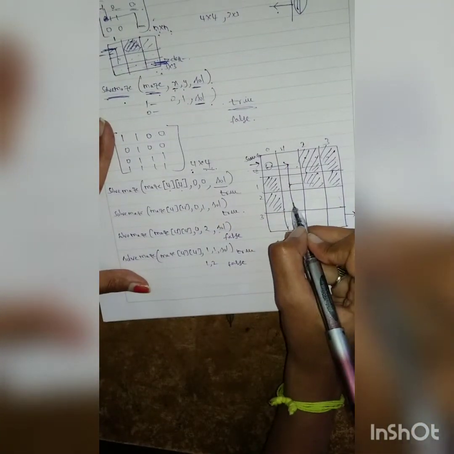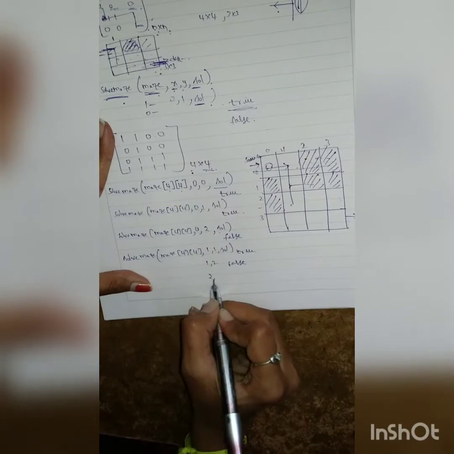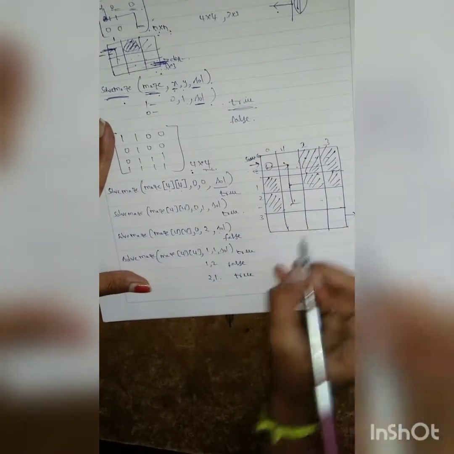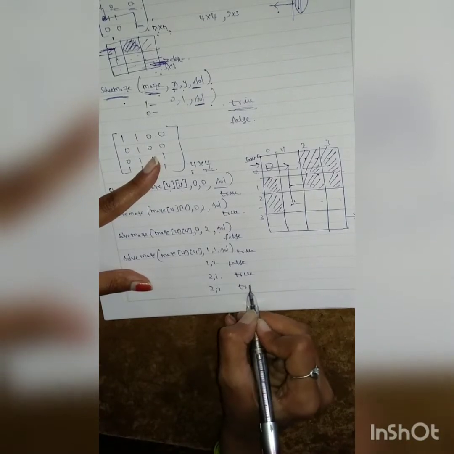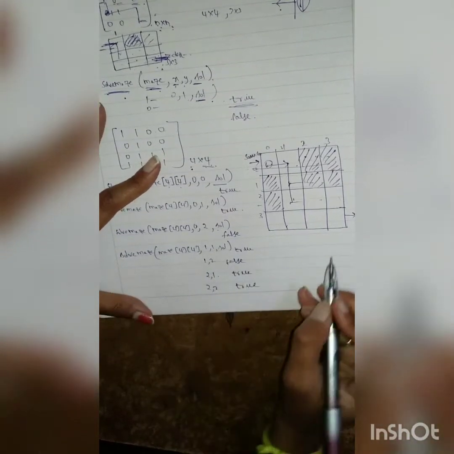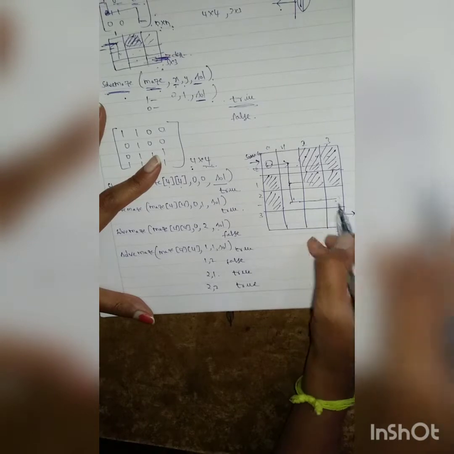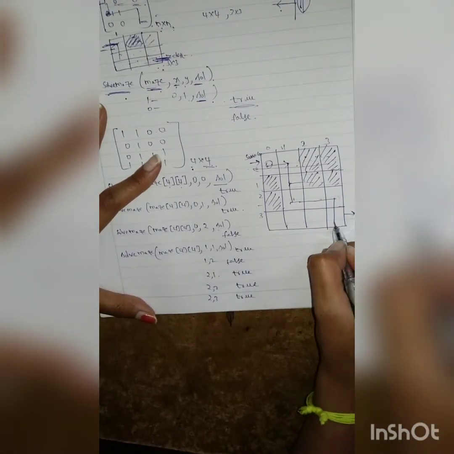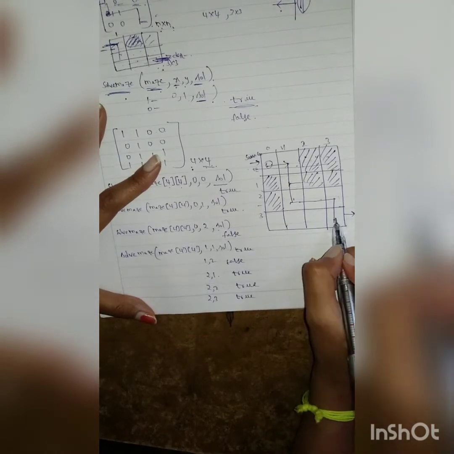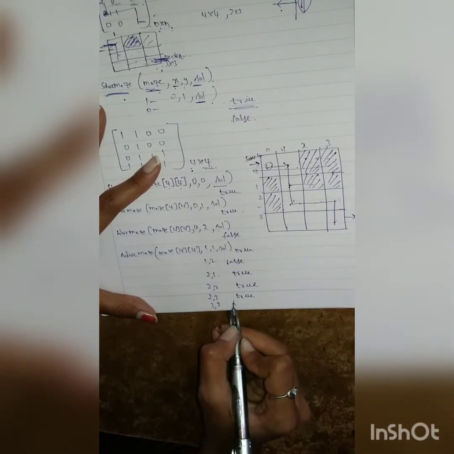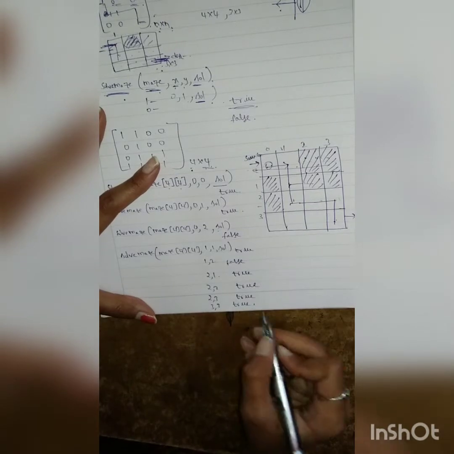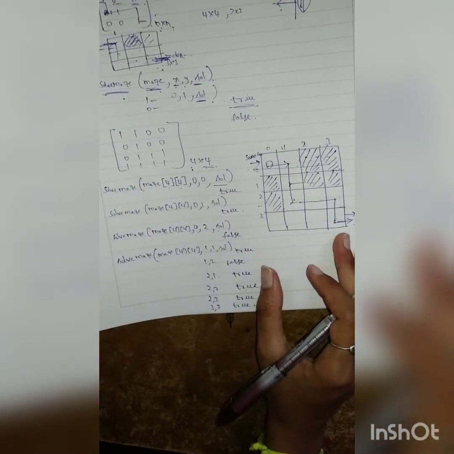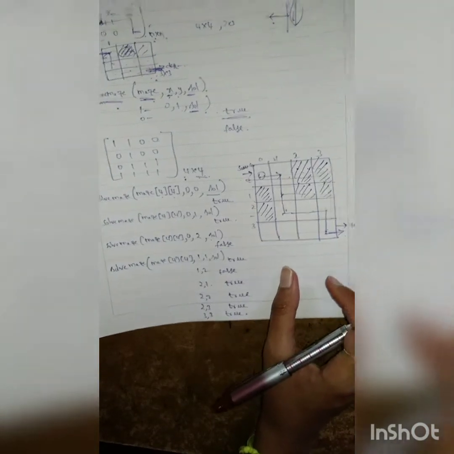So again it comes down, that is 2 comma 1. 2 comma 1 returns true, and 2 comma 2 returns true, and again 2 comma 3 returns true. Now if it comes down, 3 comma 3 returns true, and the rat reached the destination. This is the rat in a maze problem.